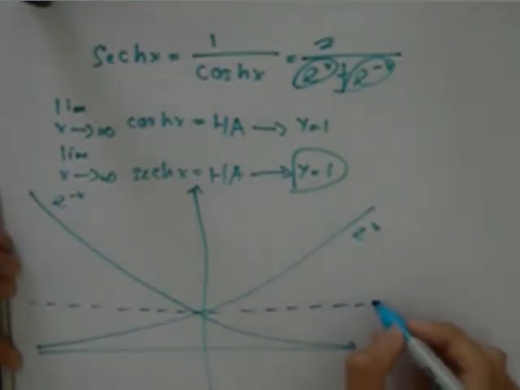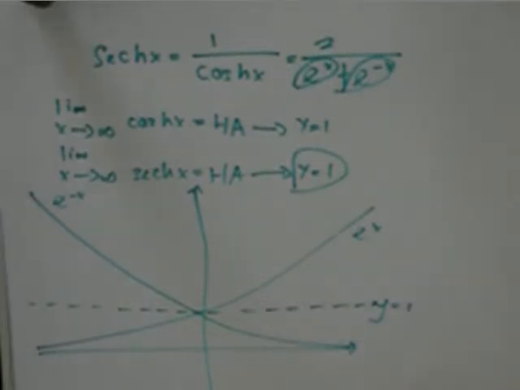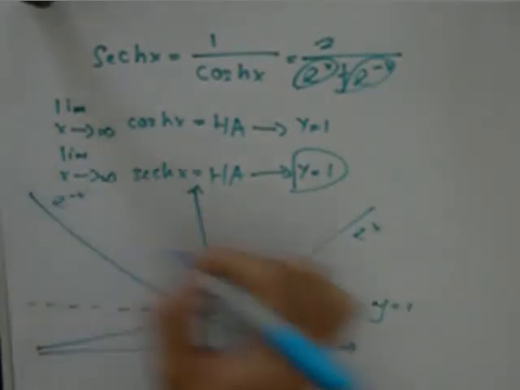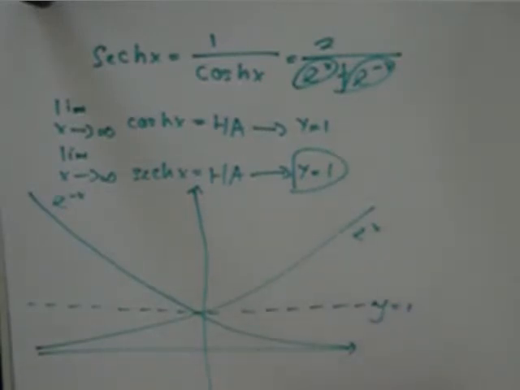Now in our cosine hyperbolic x graph, we actually took the top half of the two curves that overlap, meaning this curve, to form our cosine hyperbolic x graph. The graph never fell below the asymptote of y equals 1.